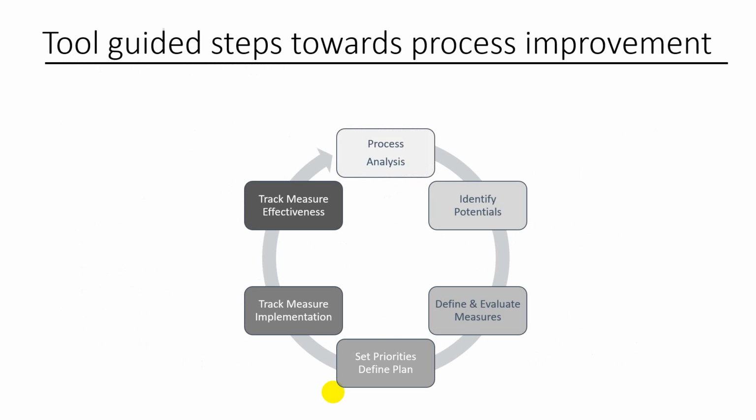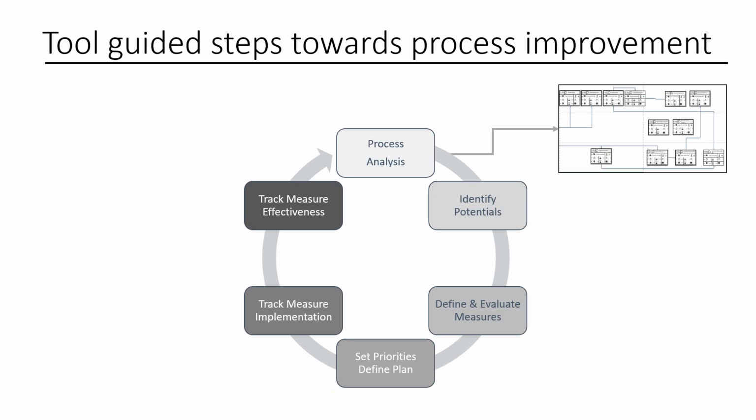How is the process set up in the tool? Well, it's a 6-step approach. First of all, you need to get transparency on the processes as they are at the moment, and this is something that is provided for within the tool. You make a list of the different sub-processes of, let's say, your month-end closing process, and the tool will automatically make you these little activity boxes that you see here.